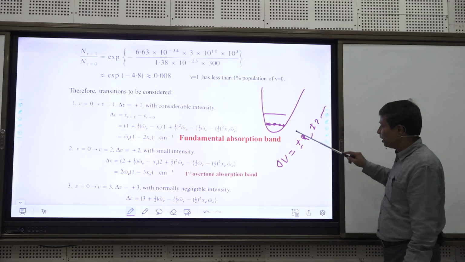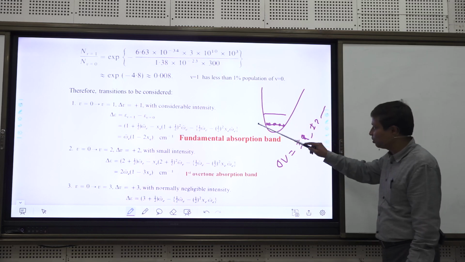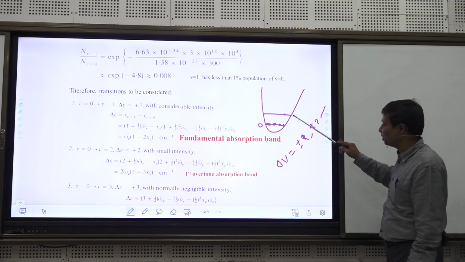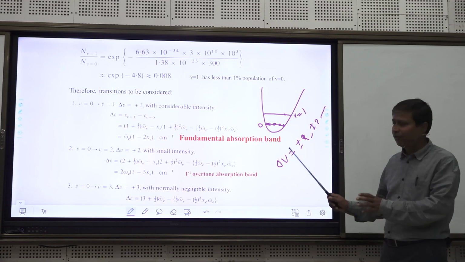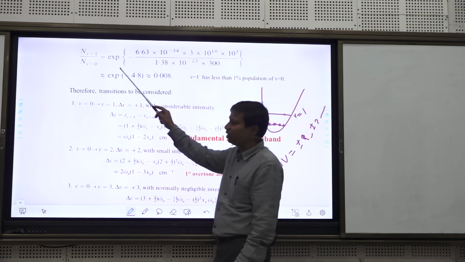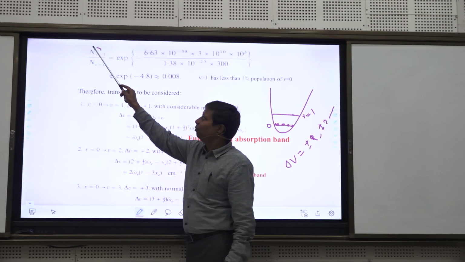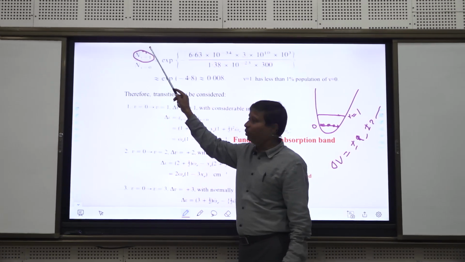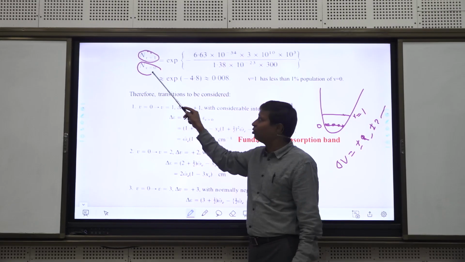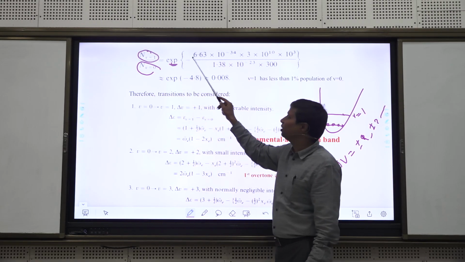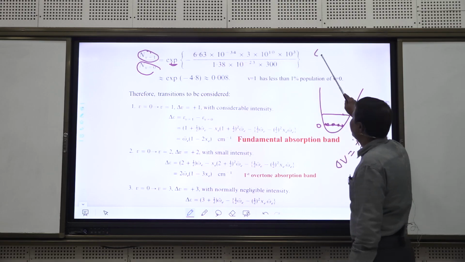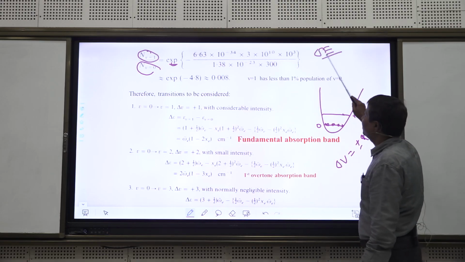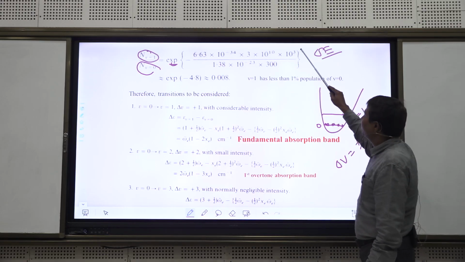let us see that this is v equal to 0. Let us see how much is the population at v equal to 1, compared to v equal to 0. For that, use the simple Boltzmann distribution. So the population at v equal to 1 with respect to the population at v equal to 0 is exponential of minus delta E over kT, and here delta E is vibrational.